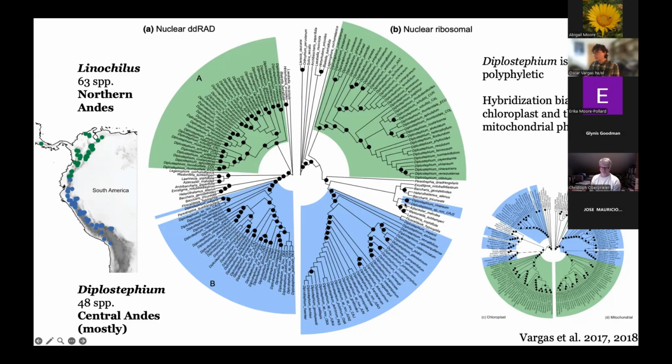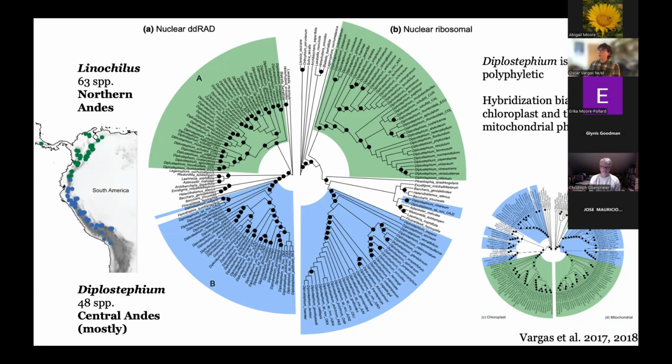In this specific case, Diplostephium cinereum and another species of Diplostephium that has not been described hybridized with Parastrepia. So that's why Parastrepia is embedded here, and that's why these two species are sort of out, because of that.